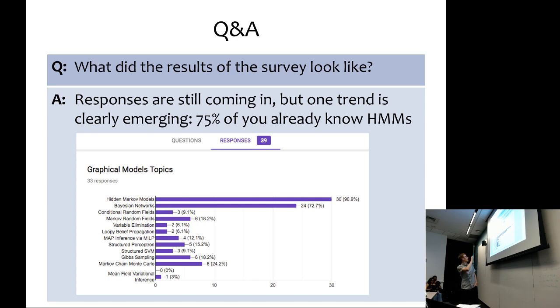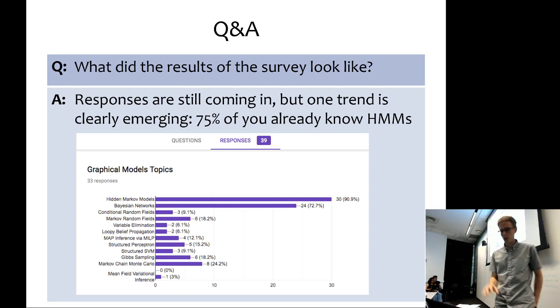But then, maybe half of you, about 24 out of 39, have seen Bayes nets. We'll talk about Bayes nets, but we'll move quickly so that we can get to the new stuff like conditional random fields. Okay, so that's the plan. We need to talk about these things because we want to be able to draw connections to them. We want to be able to tie everything together into a cohesive framework, but we can be somewhat flexible in terms of how we use your time in class.